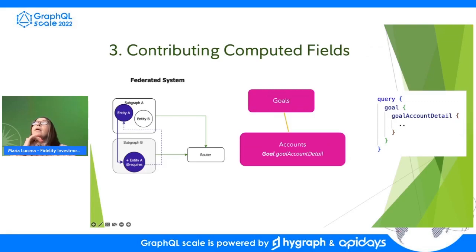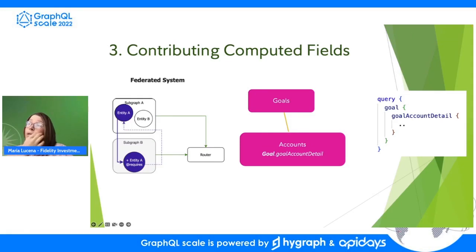The third pattern is similar to this, it expands on the same idea. Here we have goals and accounts. The goal entity has an array of accounts associated to it, but the goal subgraph doesn't hold the details of those accounts. Accounts, however, does hold that information.